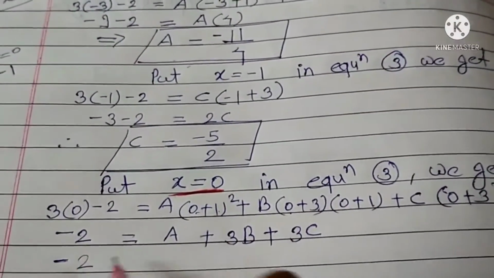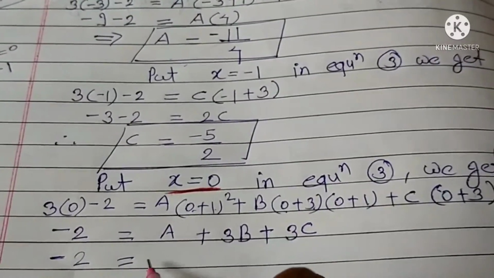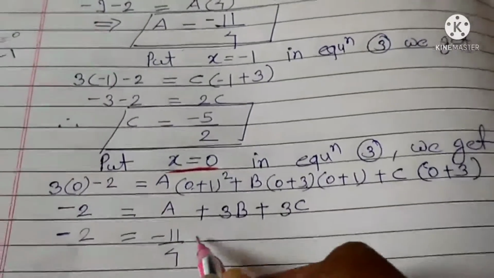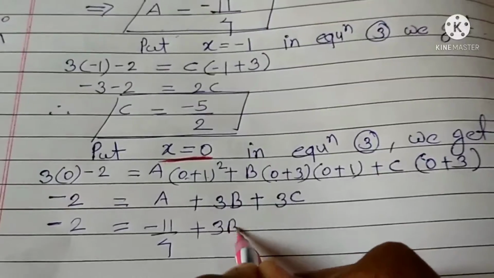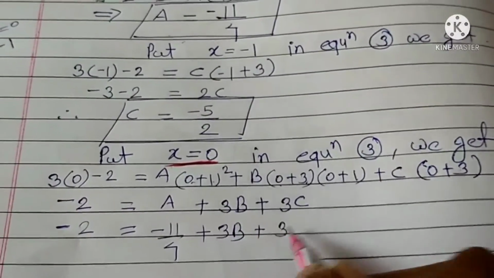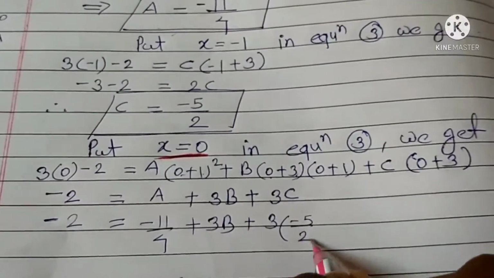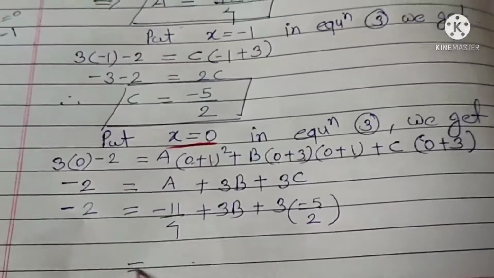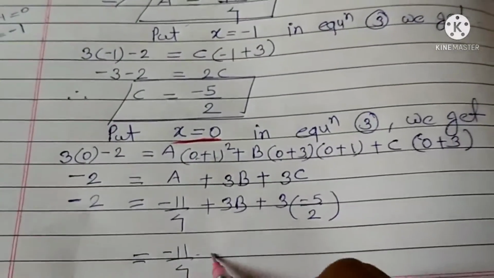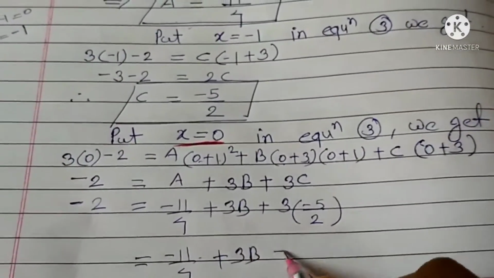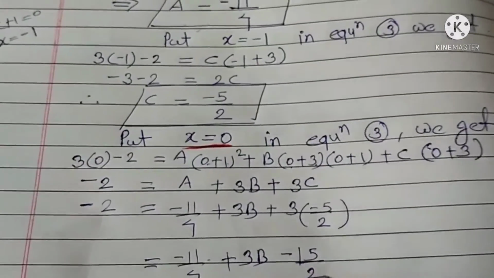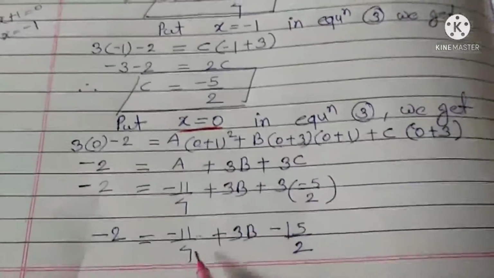So minus 2 is equal to minus 11 by 4 plus 3b plus 3 into minus 5 upon 2, that is minus 11 by 4 plus 3b minus 15 upon 2, equal to minus 2.